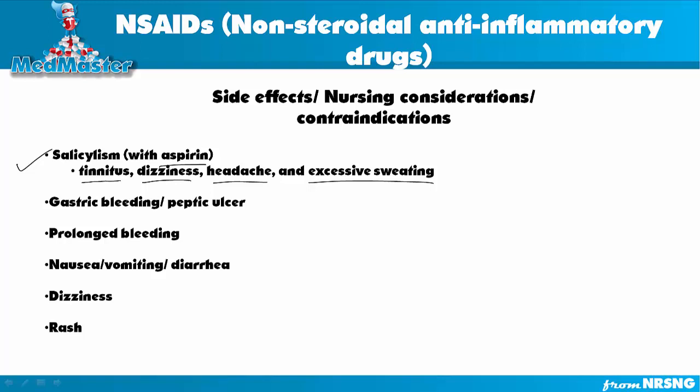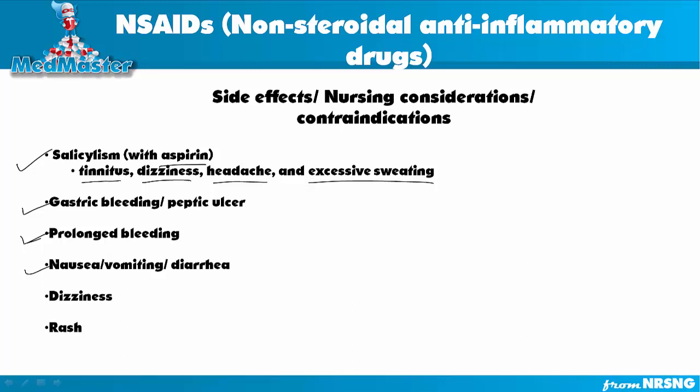Now, since we understood the mechanism of action, if we block COX-1, the cyclooxygenase 1 enzyme, it's not going to protect the stomach anymore. So it can cause gastric bleeding as well as peptic ulcer. Since it decreases platelet aggregation, it can cause prolonged bleeding. So after a cut or some kind of trauma, the blood will take longer to clot than the usual time.